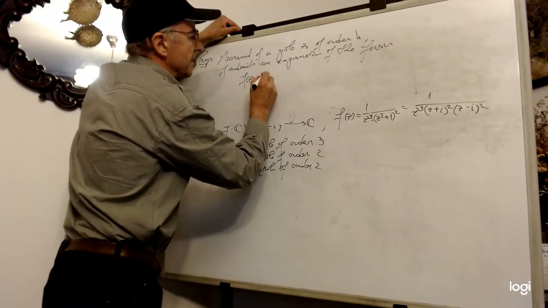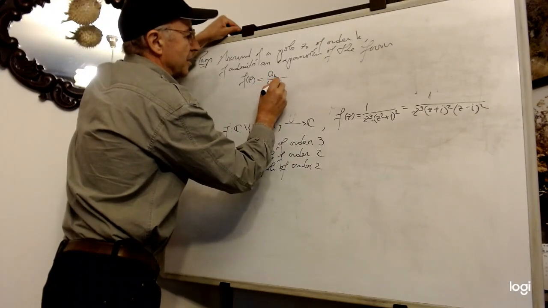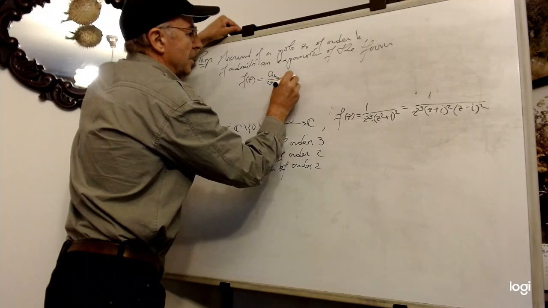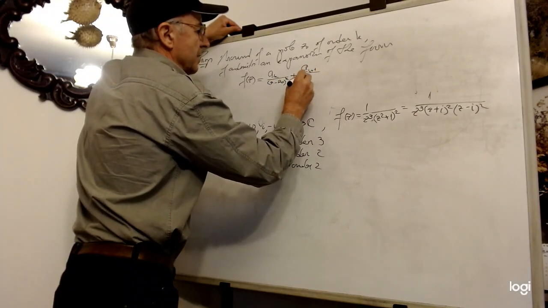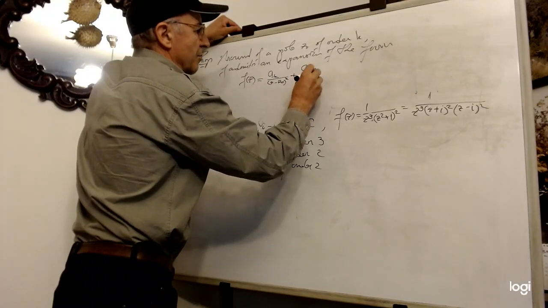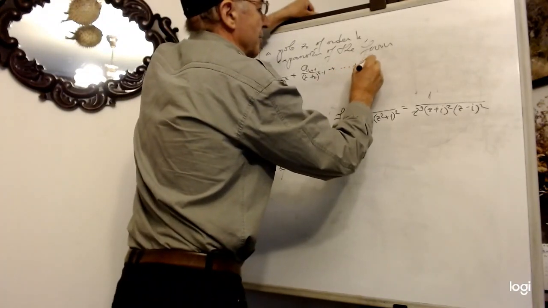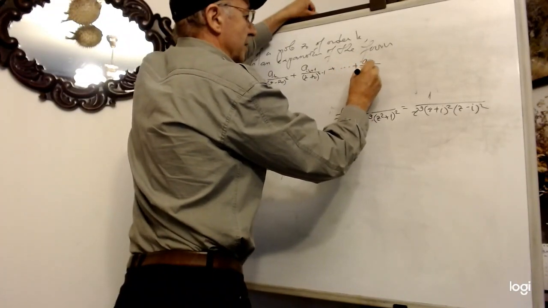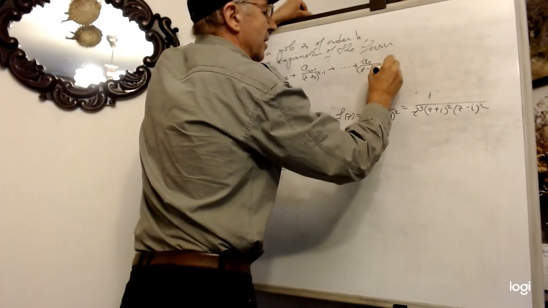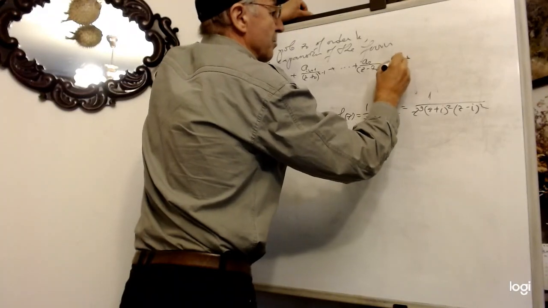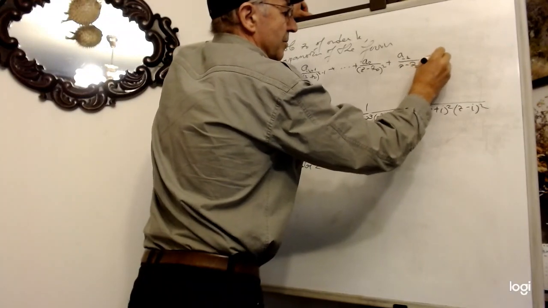The Laurent series starts with a_{-k}(z - z0)^{-k} + a_{-k+1}(z - z0)^{-k+1} + and so on, plus a_{-2}(z - z0)^{-2} + a_{-1}, the most important coefficient, (z - z0)^{-1} + a0 + a1(z - z0) + and so on.